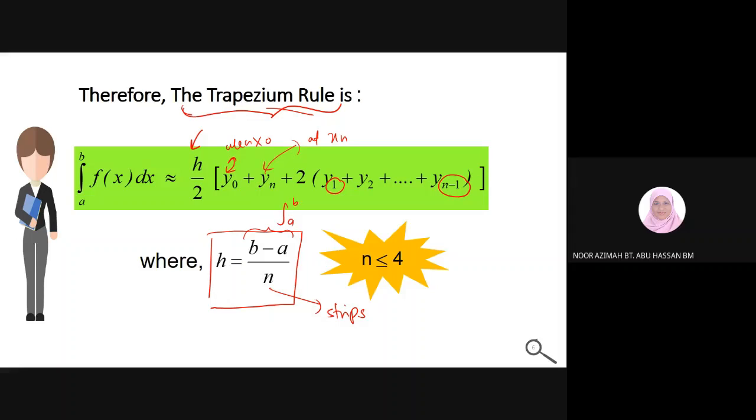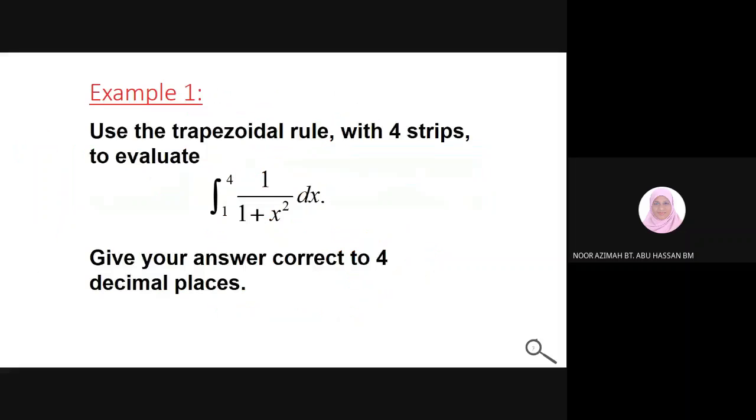We move on to example 1. Use the trapezoidal rule with 4 strips, so 4 strips means n equals 4, to evaluate this function here. Give your answer correct to 4 decimal places.